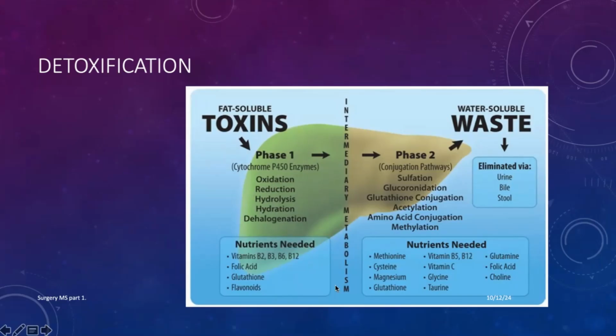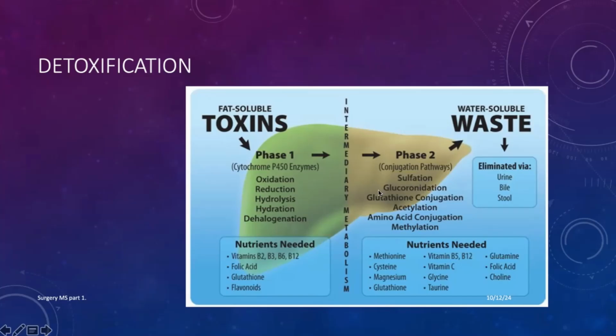And for that, we need a lot of nutrients such as vitamin B2, B3, B6, B12, also folic acid, glutathione, and flavonoids, because they are needed as cofactors in these metabolizing pathways. Then the water-soluble waste material will undergo conjugations.